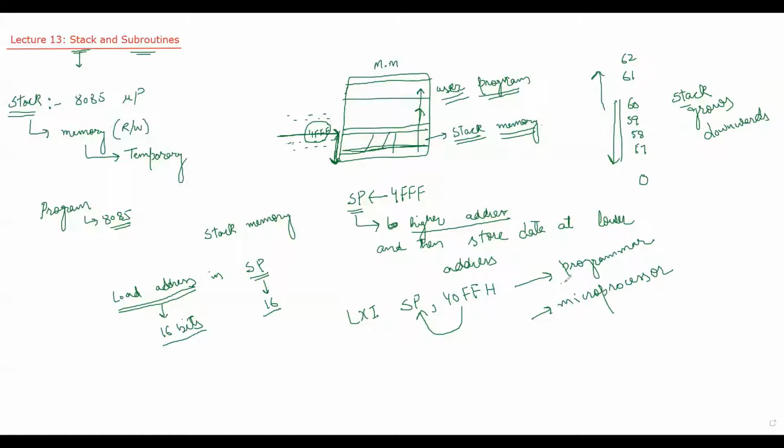So how will the programmer use this stack memory? How can we use it in our program? The programmer can use this stack memory by putting data into it, and also getting data out.